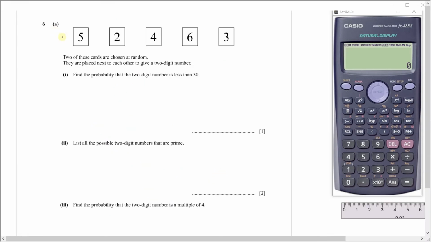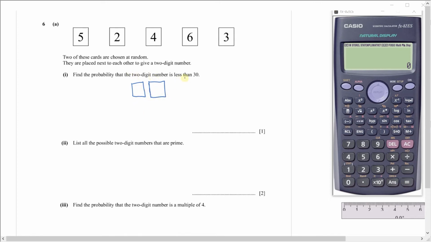Question number 6, part A. Two of these cards are chosen at random. They are placed next to each other to give a two-digit number. Find the probability that the two-digit number is less than 30. So you pick two cards and place them next to each other to create a two-digit number here.